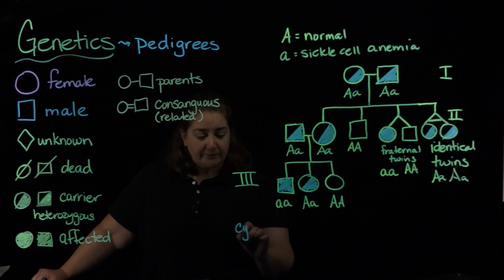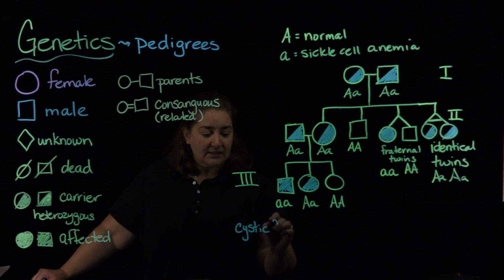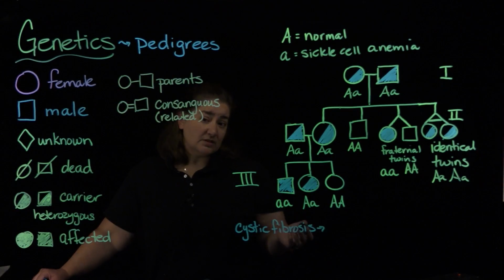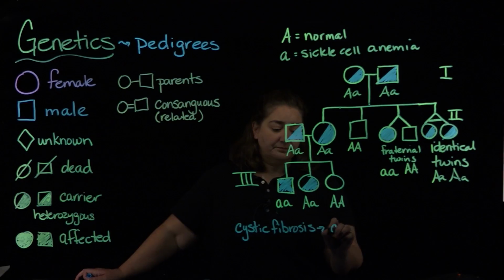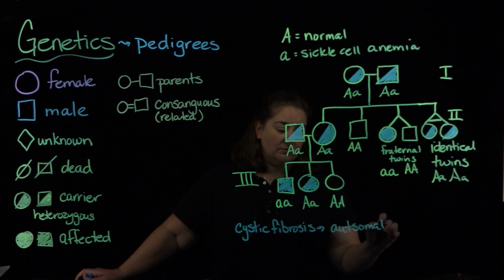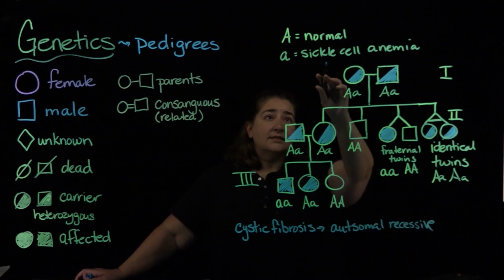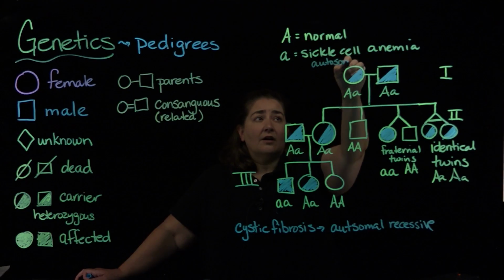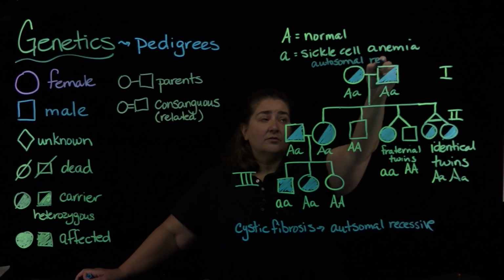Things like cystic fibrosis, that we'll talk a little bit about. Cystic fibrosis is also what's known as autosomal recessive. Sickle cell anemia is also autosomal recessive.